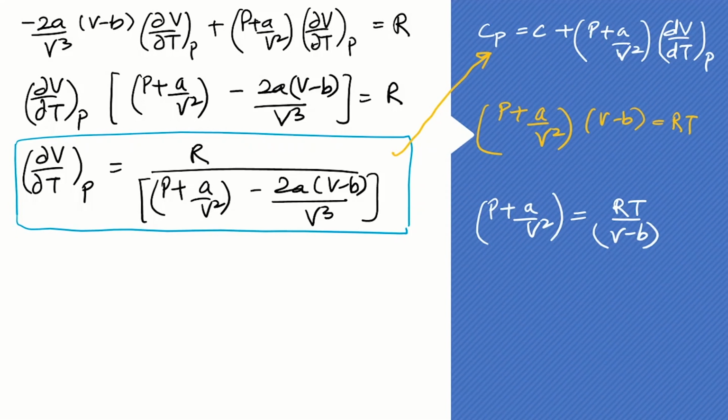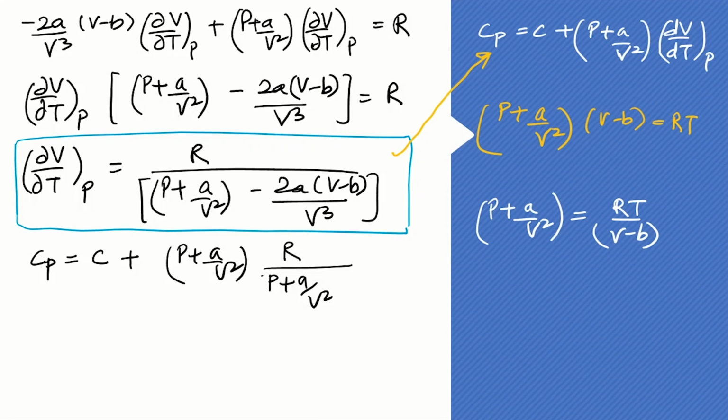So this Cp is equal to C plus (P plus A over V square), and this R over (P plus A over V square) minus 2A (V minus B) over V cube. So let's divide this.